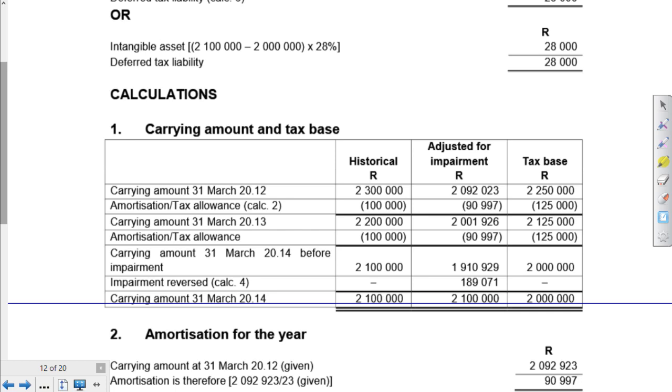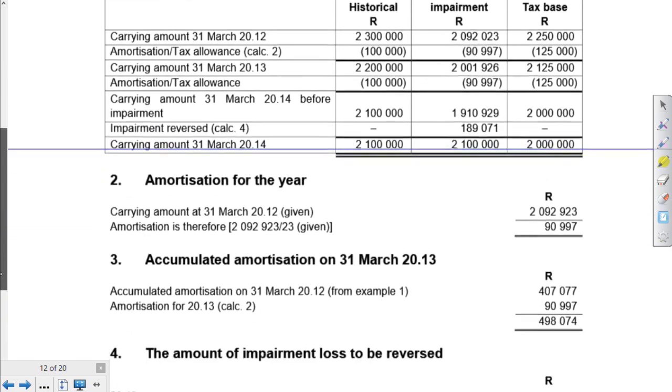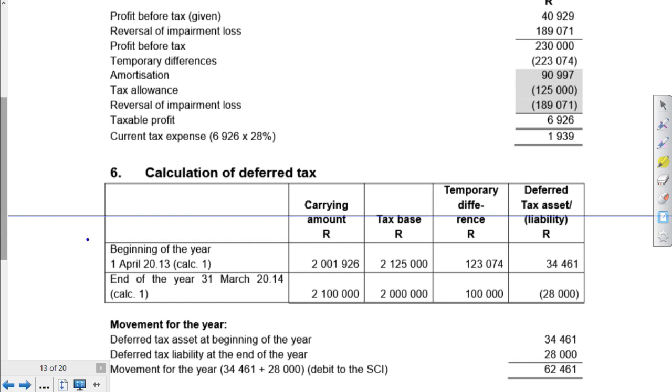Now, what usually happens or what arises because of this deferred tax, this isn't even the deferred tax calc here. Okay, so what you see at beginning of year, when we still had the impairment, is that because of the impairment, our carrying amount had dropped, isn't it? Usually what we find is that wear and tear is bigger than depreciation, and we'll end up with a deferred tax liability.